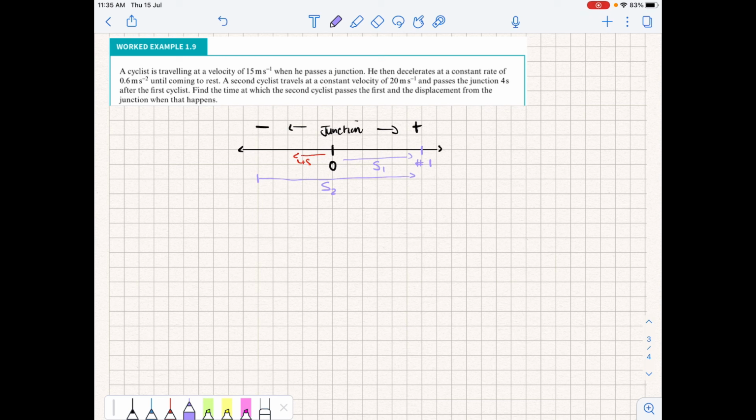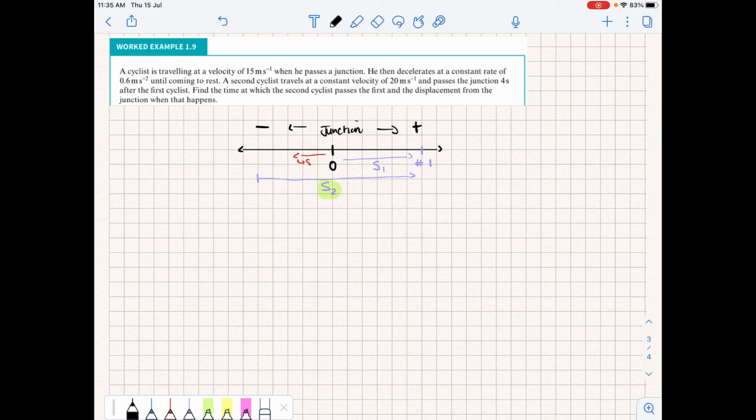We've specified our starting position as the junction, and we can work out that if we want these two cyclists to pass each other, that means that their displacements at any given time must be exactly the same, right? It doesn't matter that the second cyclist will have covered a greater distance.